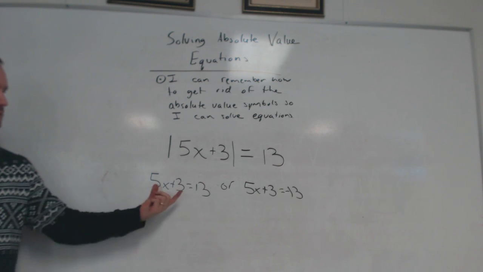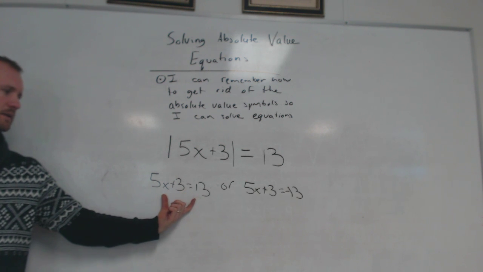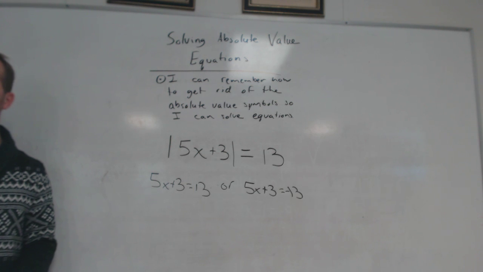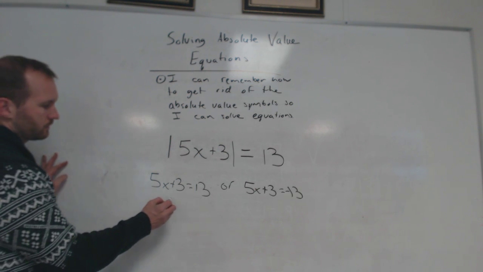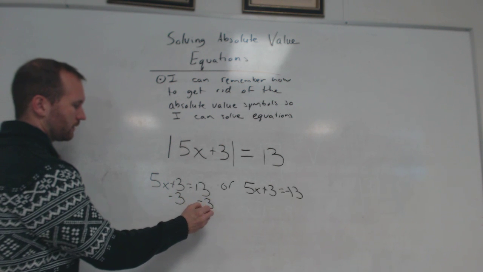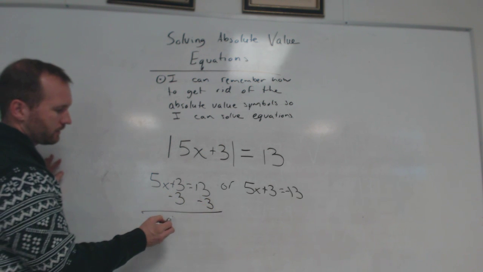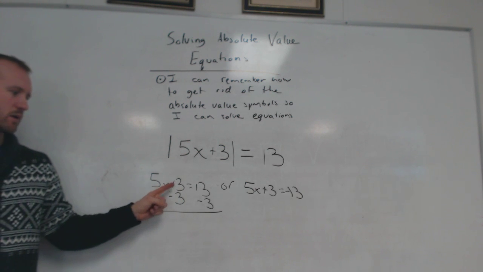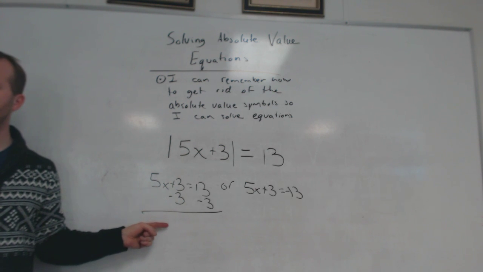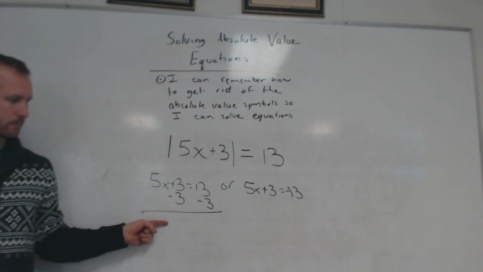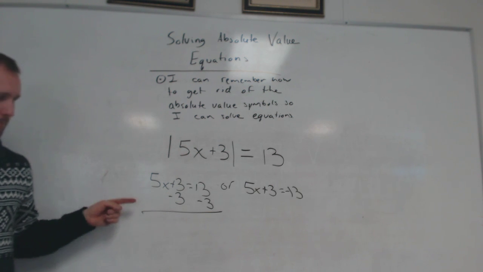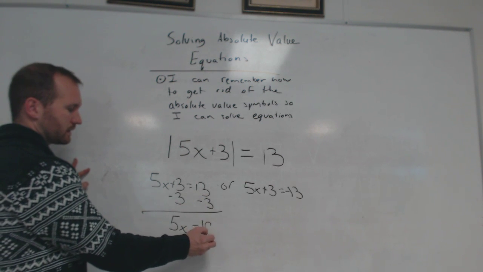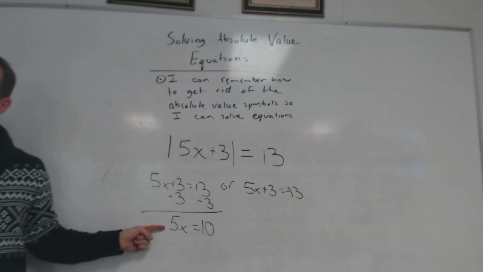What do I do next? Solve for x. So let's look at this one first. How would I solve this one? 5x plus 3 equals 13. What's the first step to solving that? Subtract 3. So I end up with, on the left side, 5x plus 3 minus 3, so what's left on the left side? 5x equals 10. And on the other side, just like you said, 13 minus 3 is 10. What's the next step?